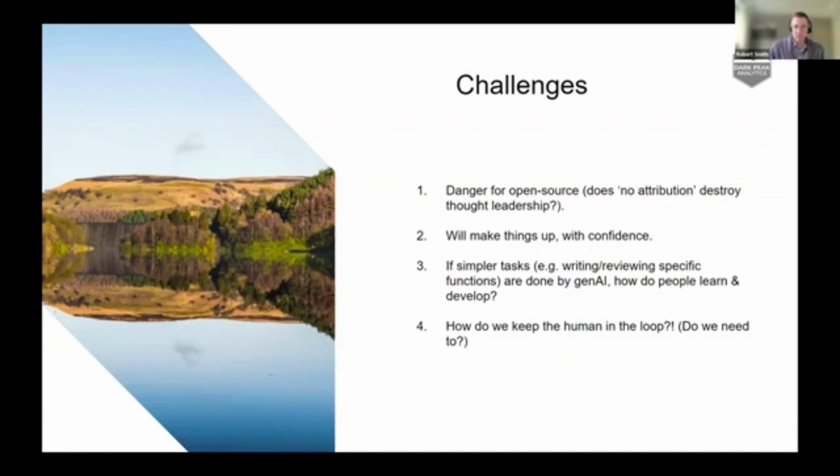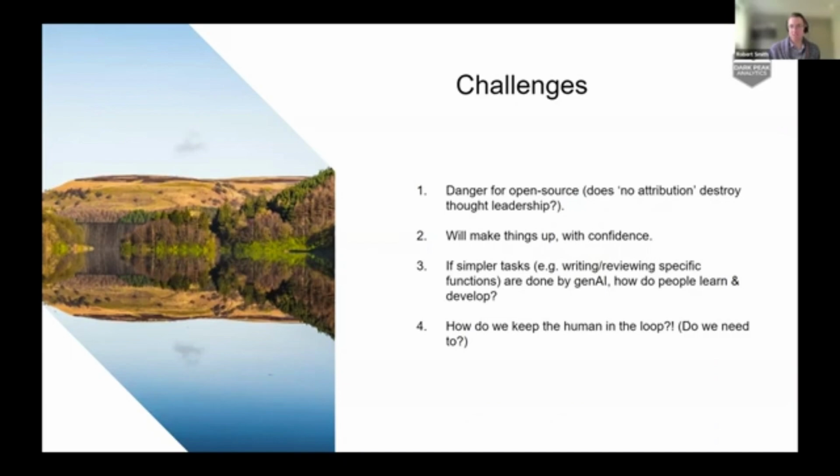There are quite a few challenges though. So there's a danger for open source in general. If nobody really gets any attribution for their work because essentially things are getting fed into large language models and then reported back by the large language model, where is the incentive for thought leadership and for publishing? Currently, you might use some method, some algorithm that somebody's created and attribute them.